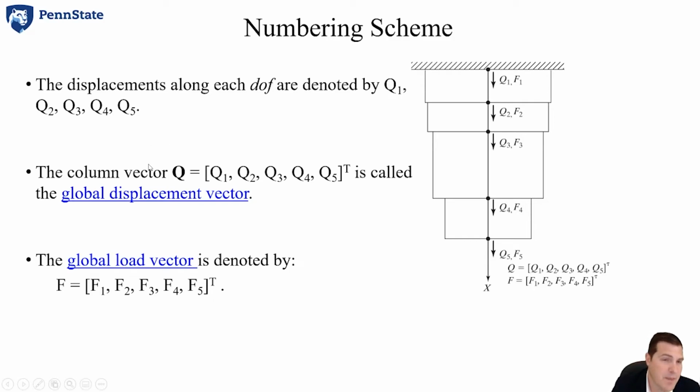Okay, so this is actually also stored in a column vector, Q, and it's called the global displacement vector. Okay, this term global has now entered into the vocabulary. I'm going to wait to talk about that until a little bit later. But we also have the same thing for the load vector. Okay, the global load vector, we could have forces, so I could be moving this node, for example, Q1, I could be pushing on it, maybe Q5 is a better example.